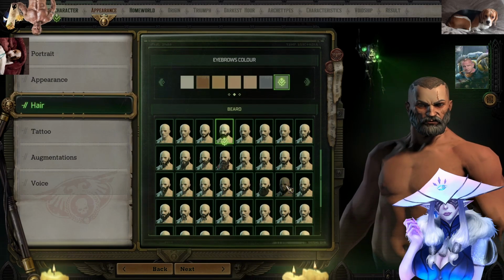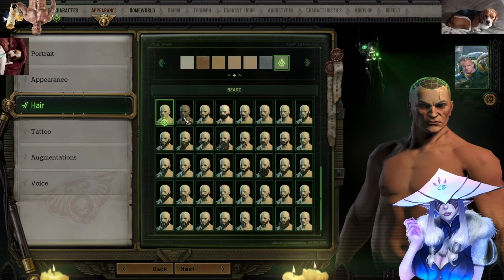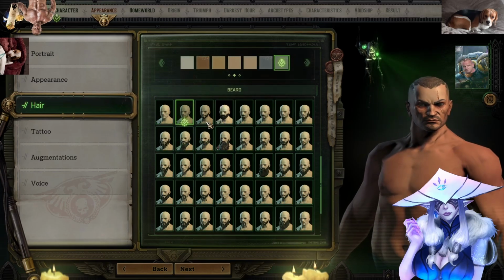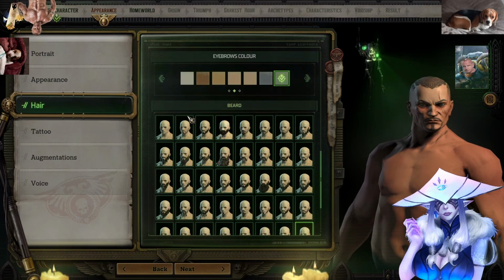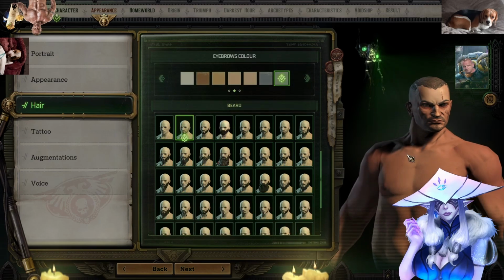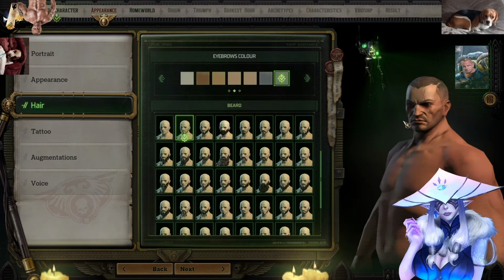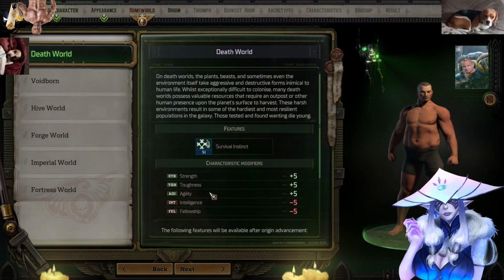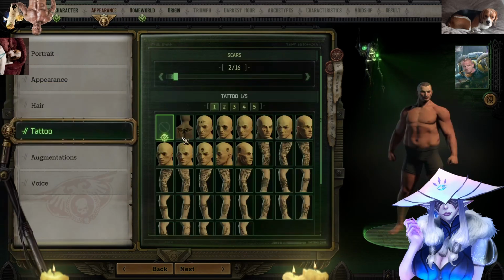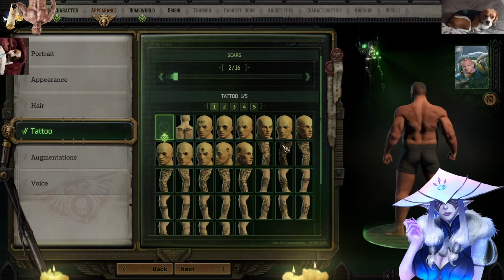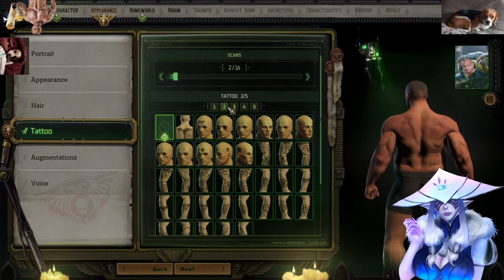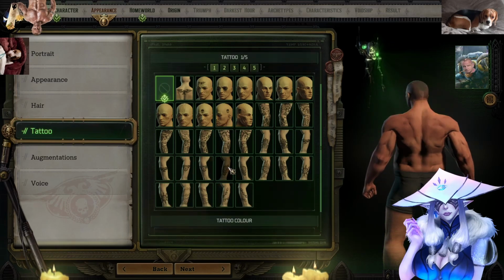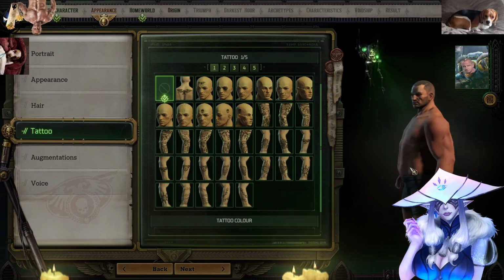Eyebrow color, perfect. Beard, he doesn't have a beard. Oh, does he have this kind of beard? Nah, this kind of beard. Switching almost down to a T. What the fuck? Tattoo? Can I have a Poland flag? I want the Poland flag.